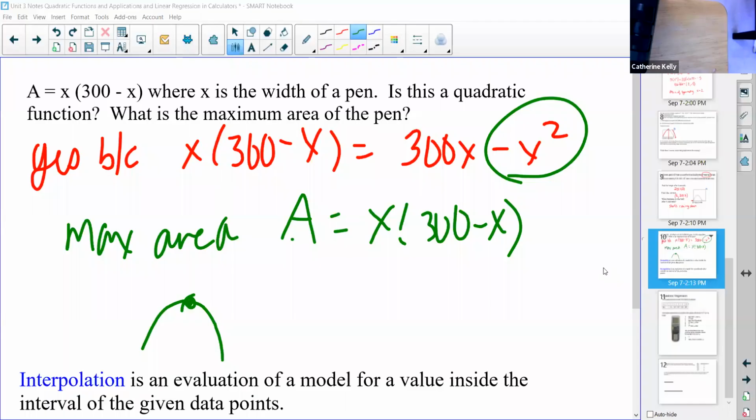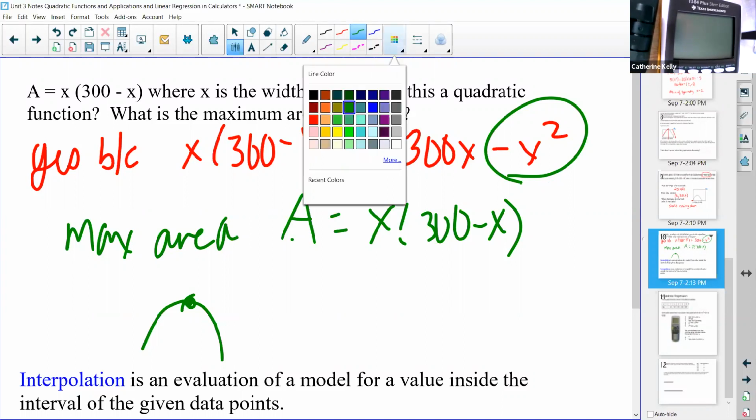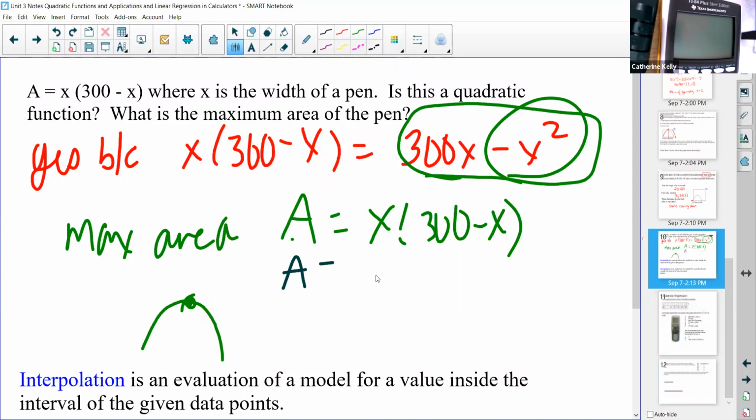So in order to find that vertex, we're actually going to use the vertex formula, and we're going to use this. We moved the equation around, so we're going to use this one. And what we're going to say is A equals negative x squared plus 300x plus 0.